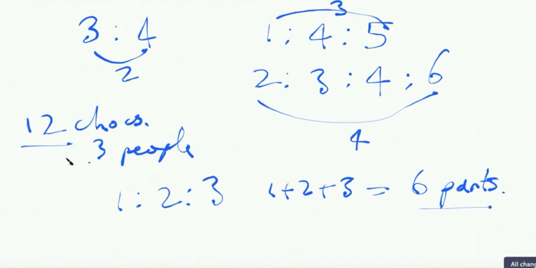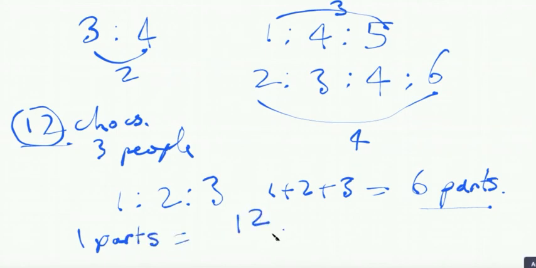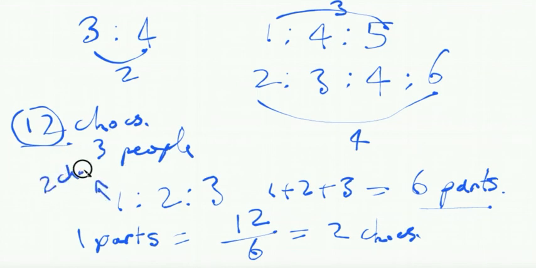Given that 6 parts is equal to 12 chocolates, that means 1 part is worth 12 chocolates divided by 6, which is equal to 2 chocs. So that means the first person is going to get 1 part, which is 2 chocs.